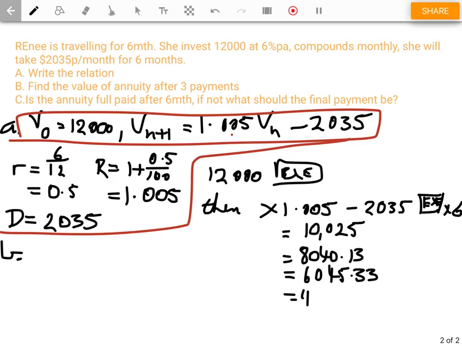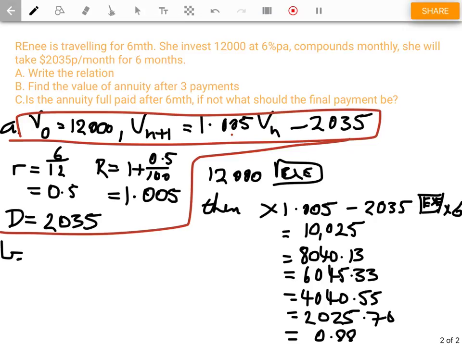Then keep going to finish off our 6 payments: 2,0 5.6, and then 0.88.